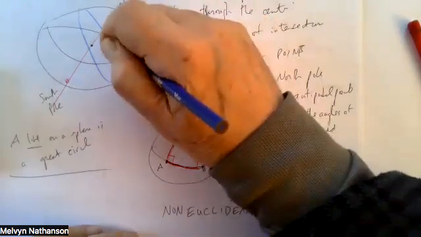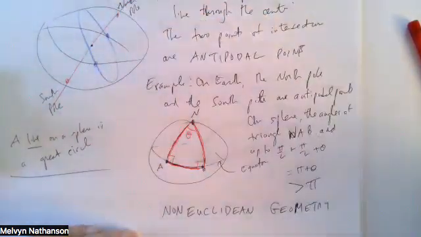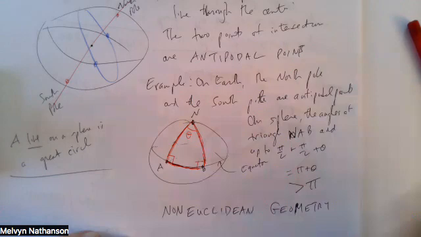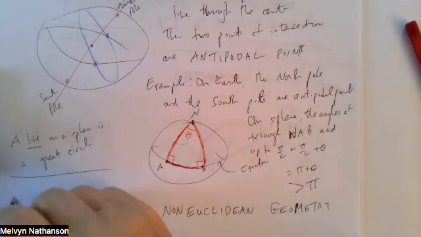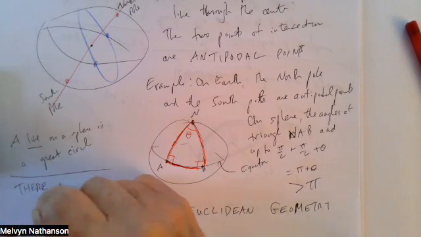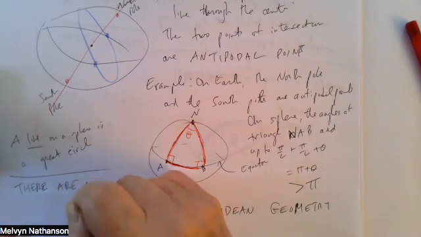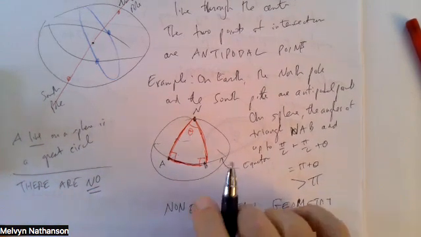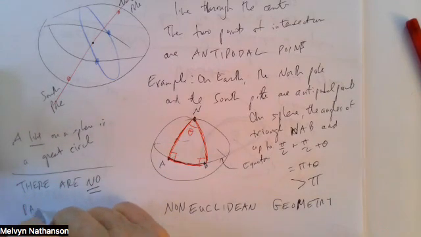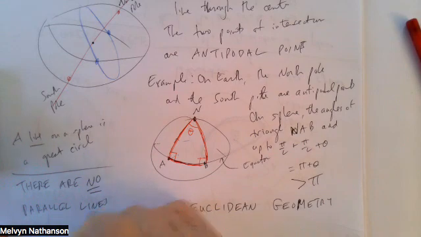Well, any 2 great circles intersect at 2 points. So, this is very important, there are no parallel lines on a sphere.